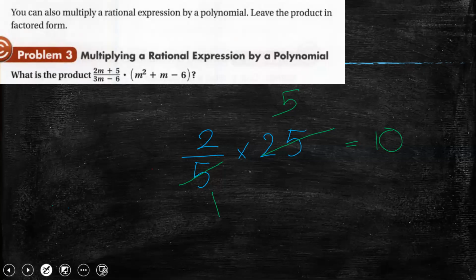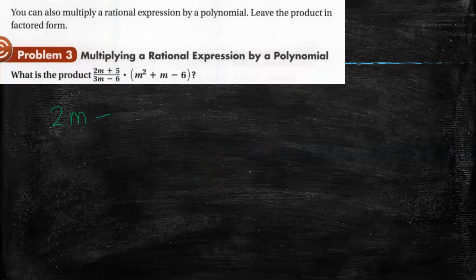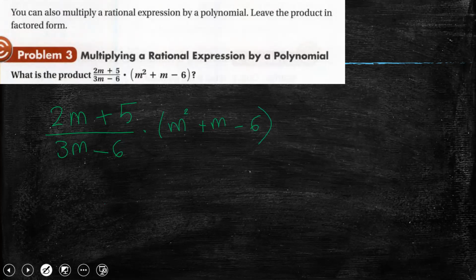Let's see this example here. 2m plus 5 over 3m minus 6 times m squared plus m minus 6. Now, look at the first numerator, 2m plus 5. Can you simplify it? Look at 2 and 5. Is there a common factor between them? No. So keep it as it is.